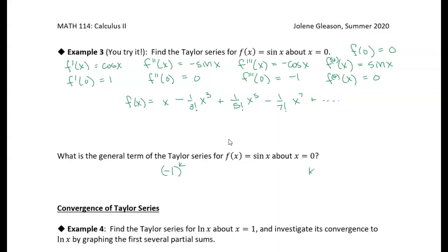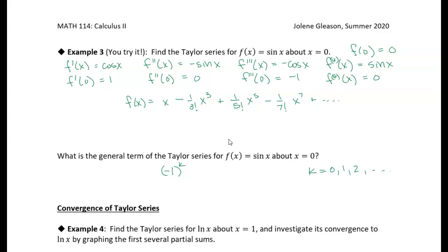Okay, so I'm just going to do -1 to the k, where k is equal to 0, 1, 2, and so on. Because that'll give me the alternating sign that I want, right? When k is 0, I'll get the +1. When k is 1, I'll get the negative, and so on. So it'll alternate the way I want it to.